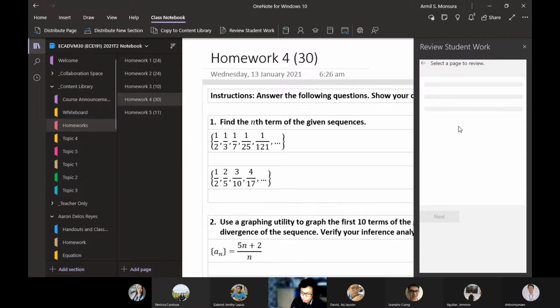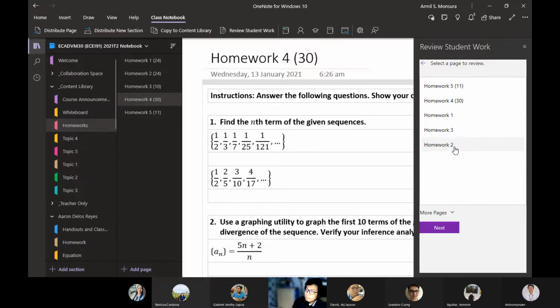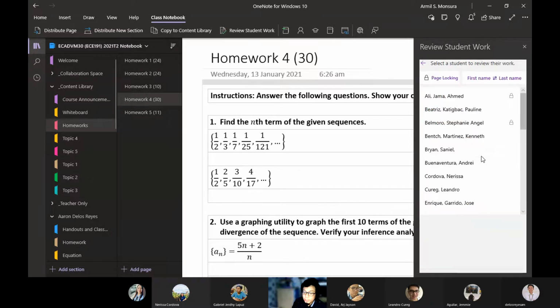While you wait for this, also as a reminder, please take note that you need to edit your class notebook. Okay? I need you to edit your class notebook in order to present the answers.